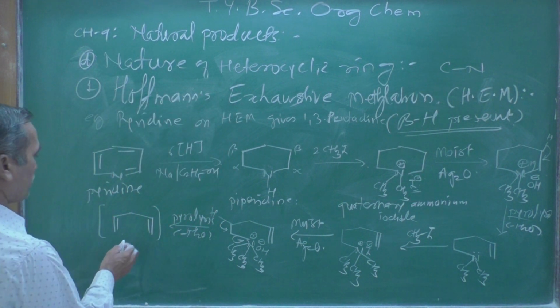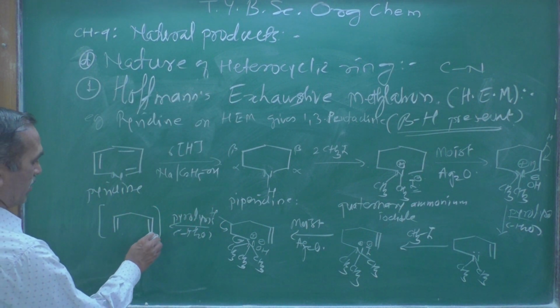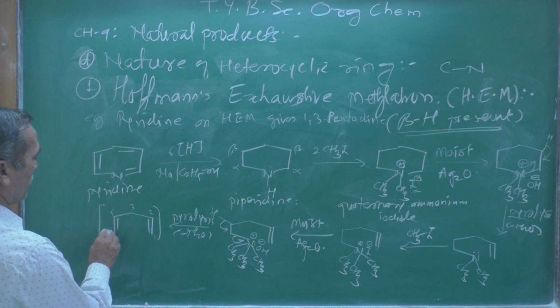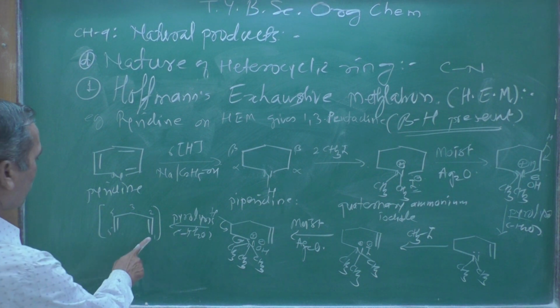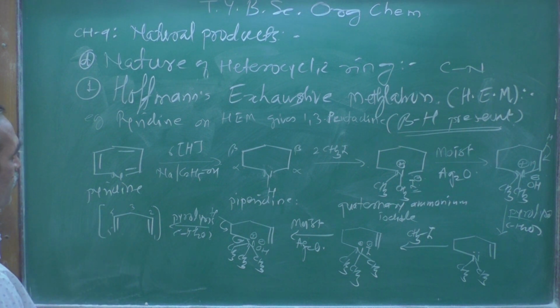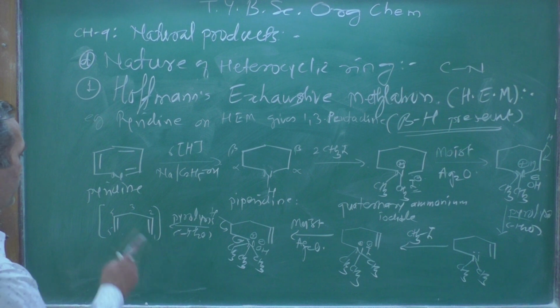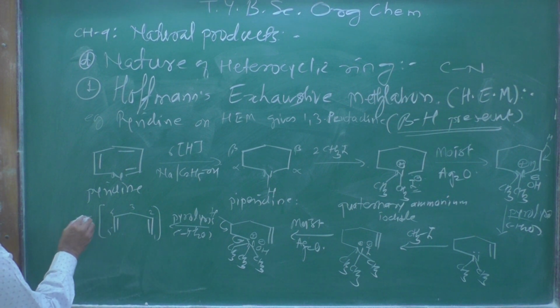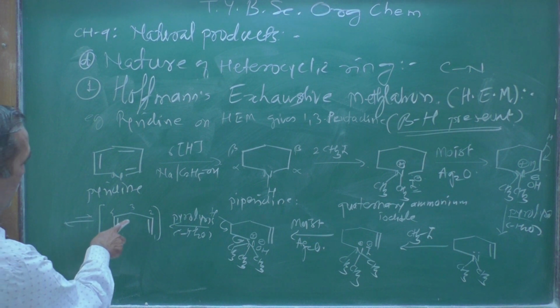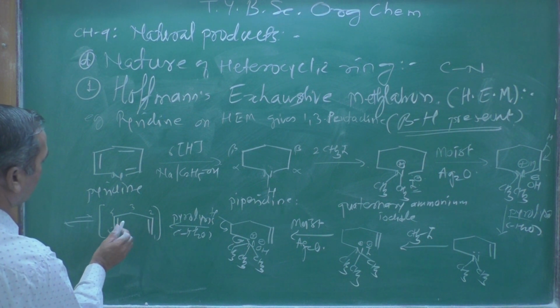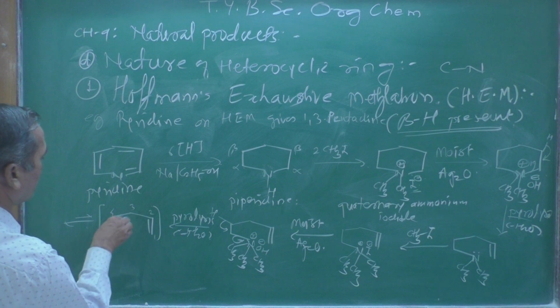So what type of compound is it? If you give the numbering 1, 2, 3, 4, 5, look at the 1 and 4 positions. This is 1,4-pentadiene, but it is going to convert into a stable form. This is the unstable form, so the double bond shifts from here to here.